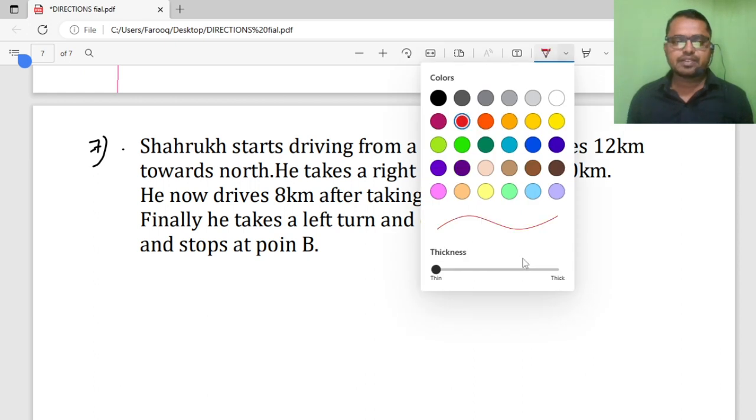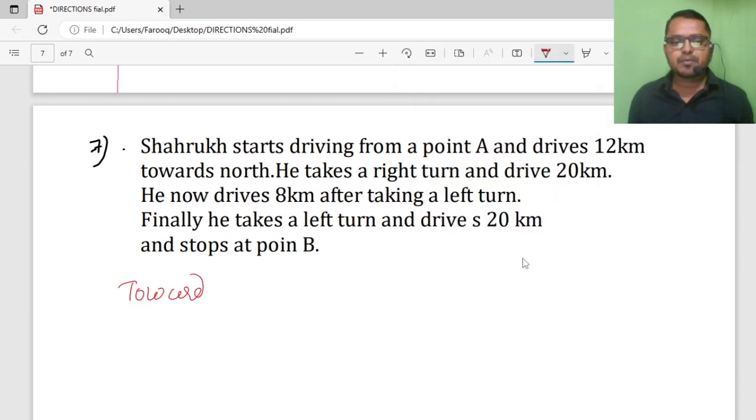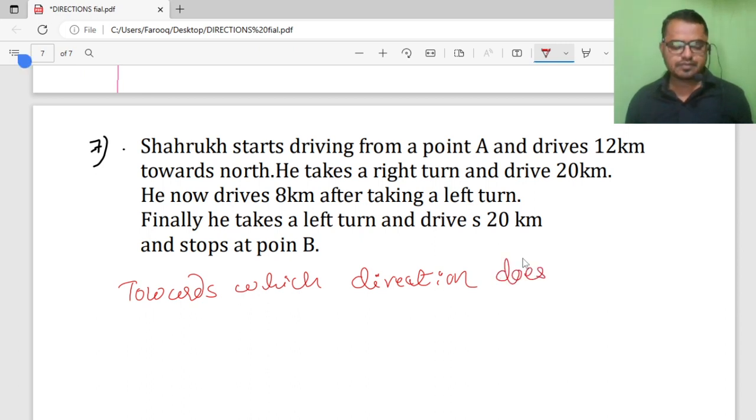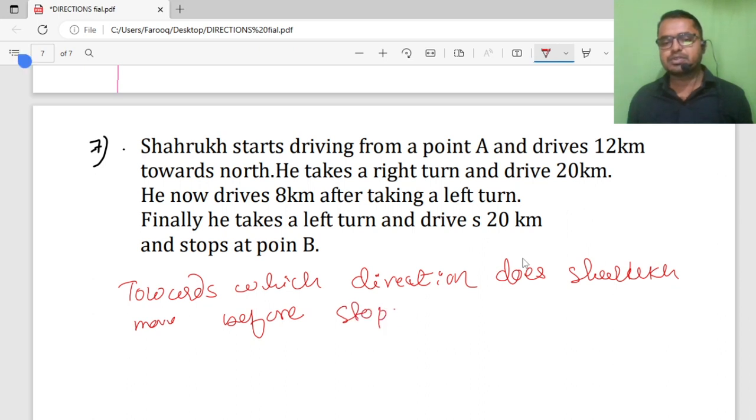Write the question: towards which direction does Shahrukh move before stopping at point B?